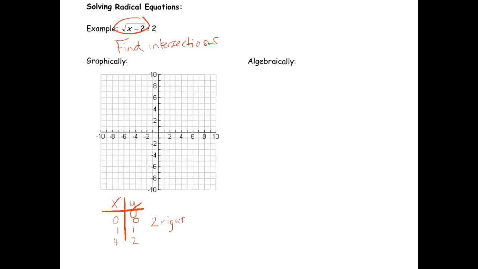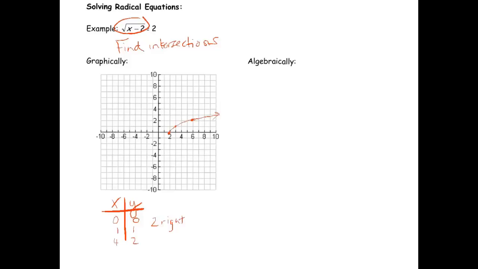Here's 0, 0, 2 to the right, 1, 2, puts us right there. And then the point 1, 1, 2 to the right puts us at 3, 1. And the point 4, 2, move that 2 right, is at 6, 2. So there's our first graph.